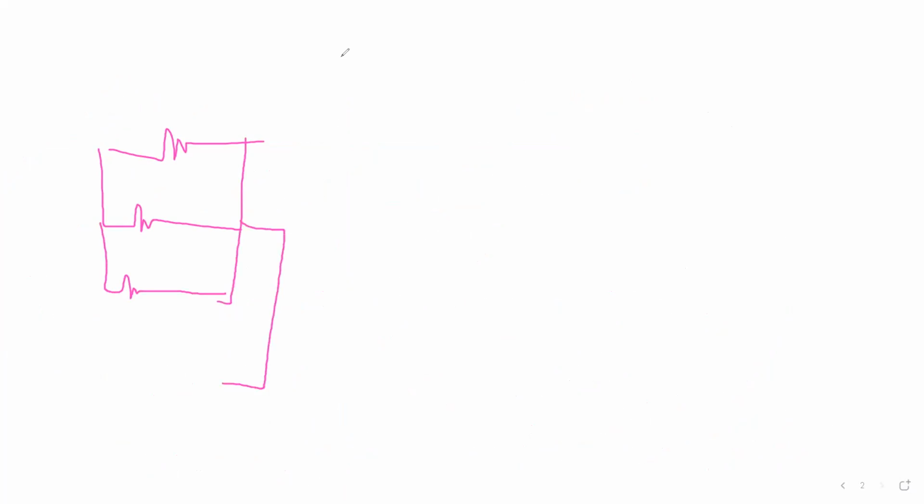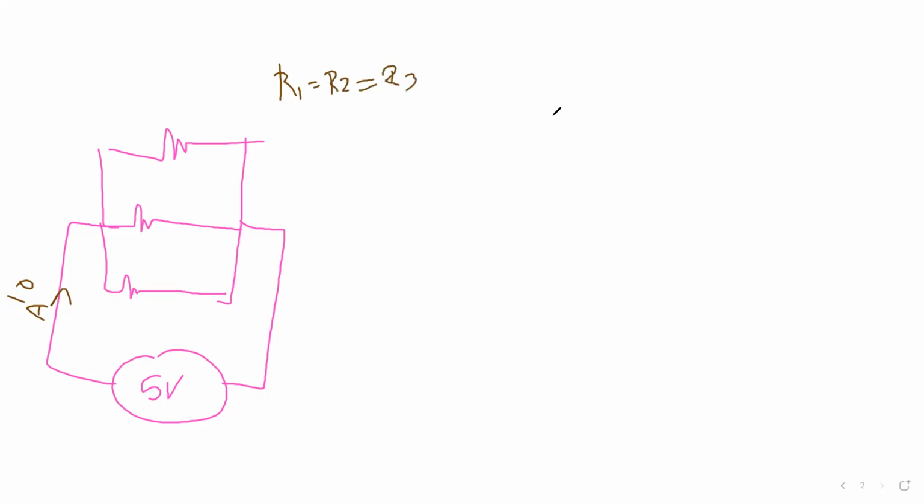So if we have this circuit now, and the current going up is 10 ampere. Here they have the same resistance, R1 equals R2 equals R3.